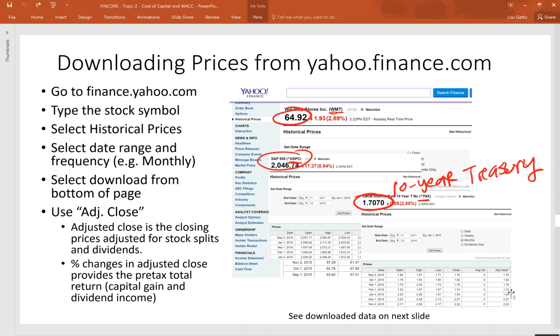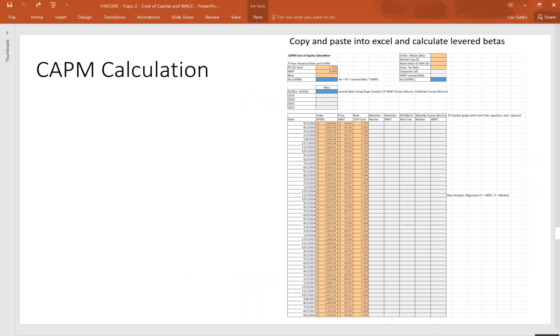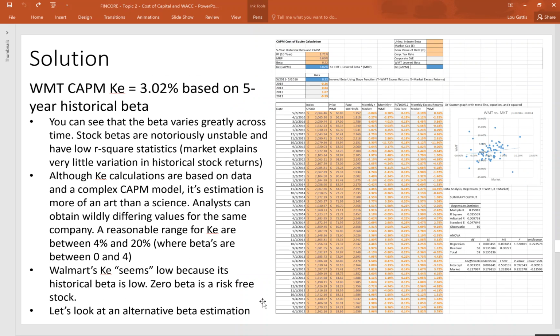For example, if the stock paid a $1 dividend on a particular date, the adjusted close would go up by $1. Therefore, you can use the adjusted close to calculate the total return of the stock, not just the capital gain. Otherwise, I'd have to collect all the price information and the dividends. So here's the data, and let's go ahead and calculate our betas.